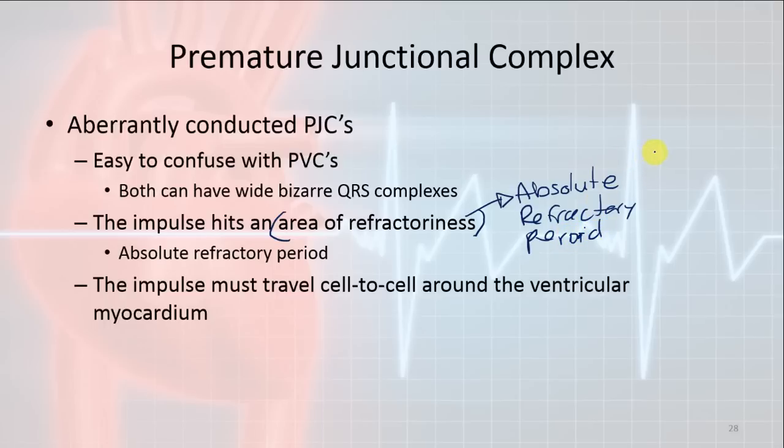That means the impulse hits an area that has not yet repolarized to a point where it can respond to an impulse. That ends up blocking the signal in the right bundle branch. Therefore, this signal will have to travel around the ventricular myocardium from myocardial cell to myocardial cell. This signal is very slow to transmit because you have to account for muscular contraction.